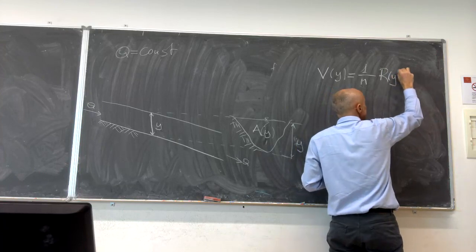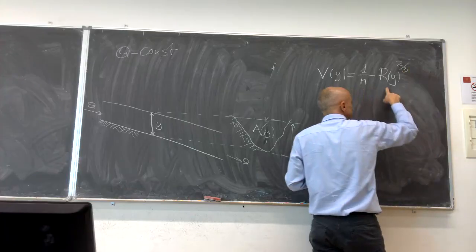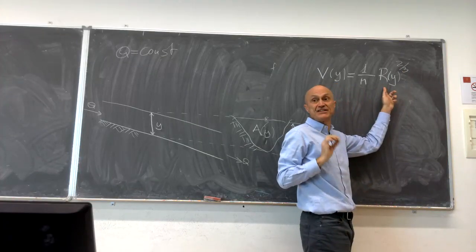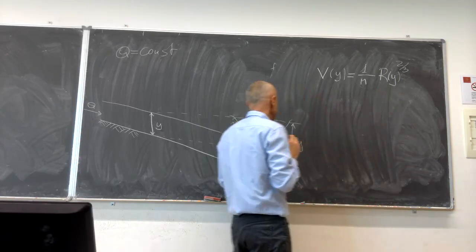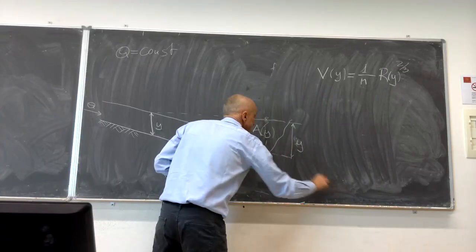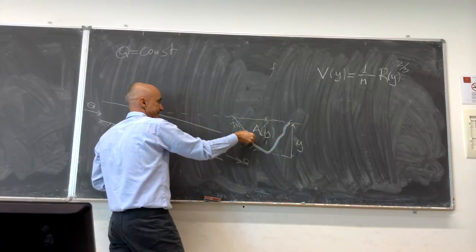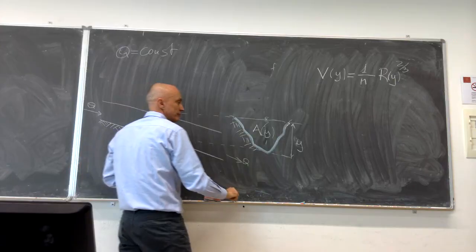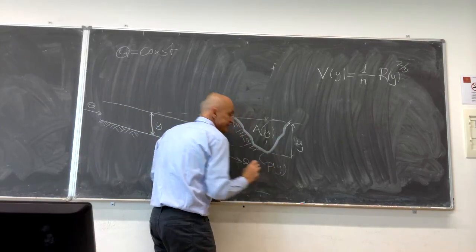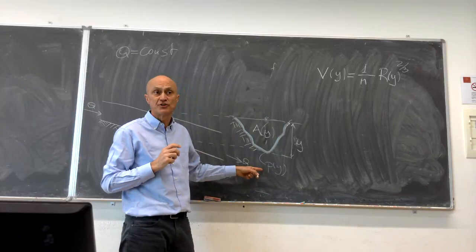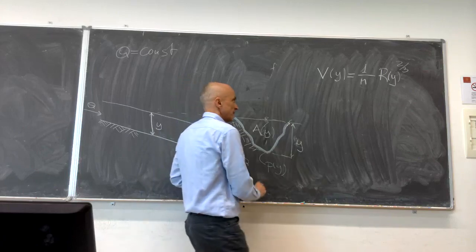You know how the hydraulic radius is defined? It's the wetted area divided by the wetted perimeter. That is also a geometric function that depends on the water depth. So R is equal to A divided by P. Times what?